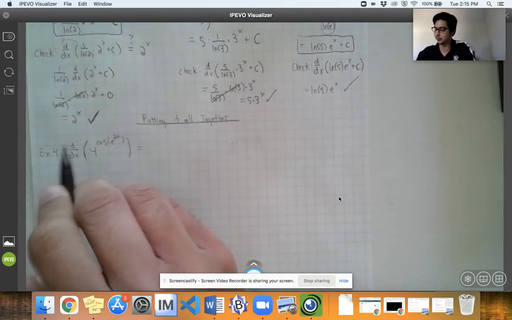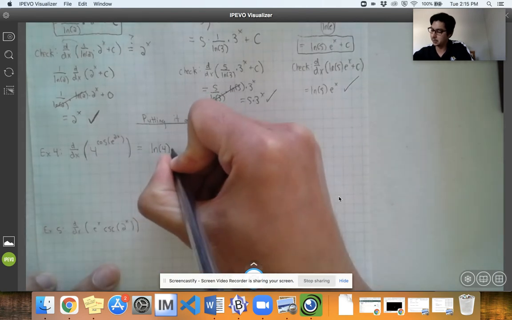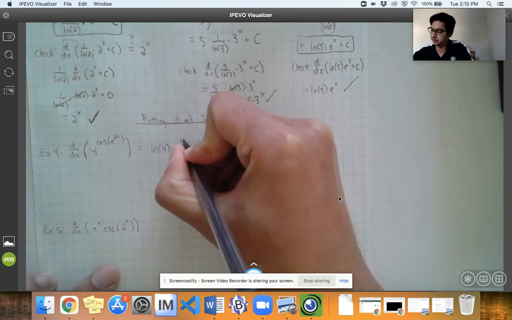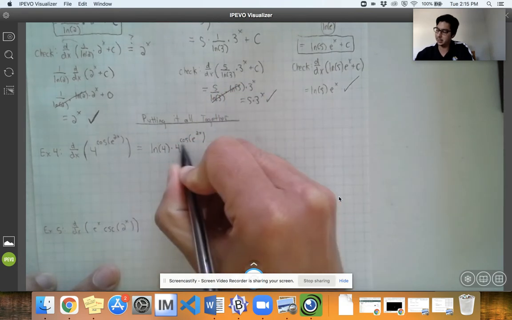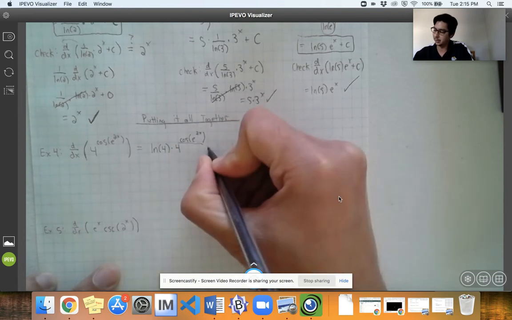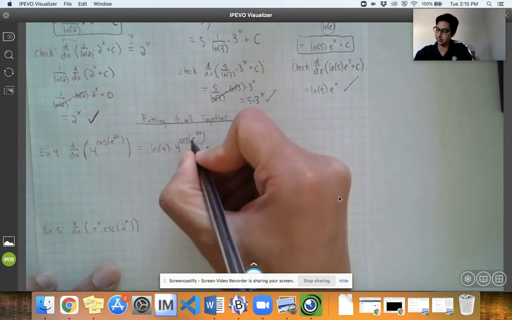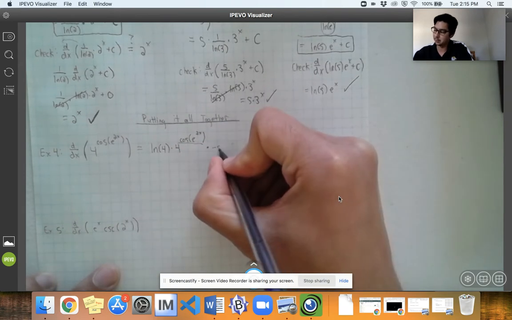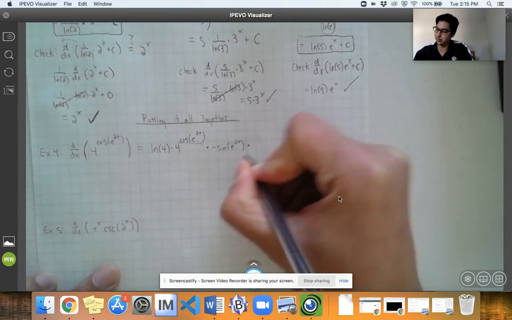I hope you're ready. First, we have an exponential, so it's the natural log of the base times the function itself. And then because of chain rule, we left the inside alone, so now we have to take the derivative of this. And the derivative of cosine of e to the 2x is chain rule itself, where it's the derivative of the outside, which is negative sine, leaving the inside alone, times the derivative of the inside.